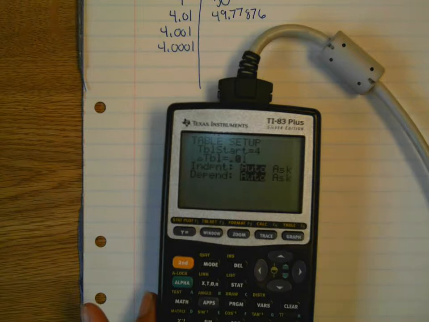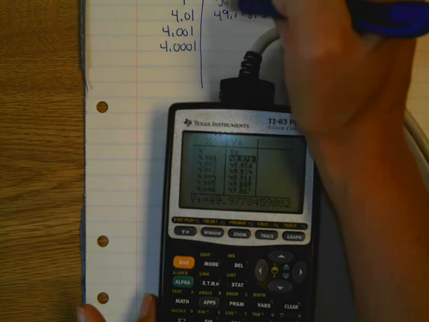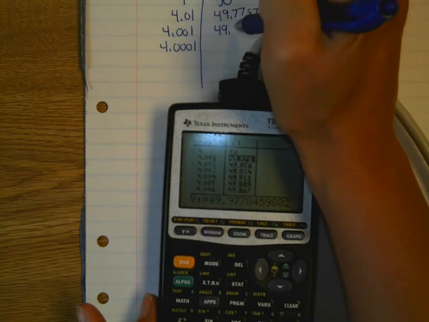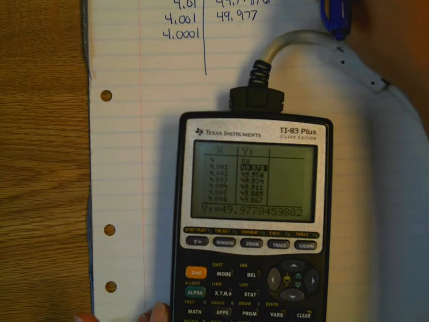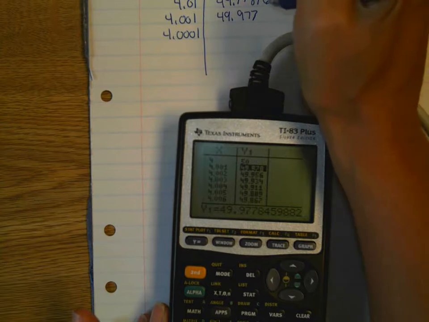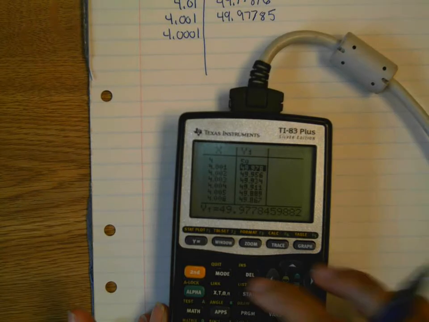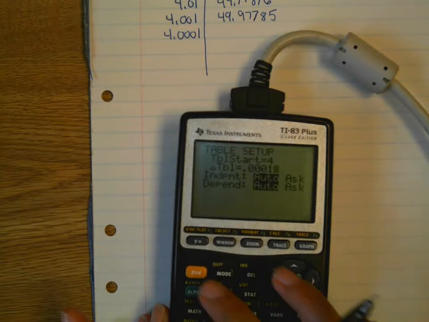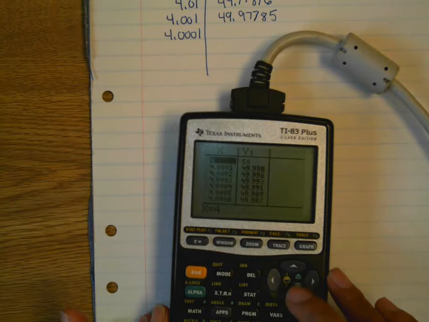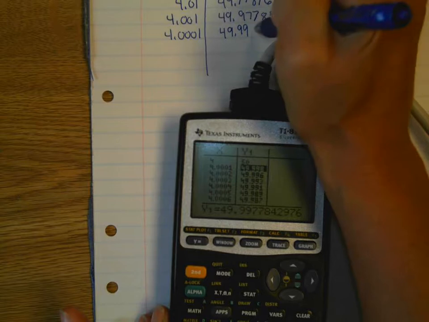I'll change that increment to 0.001. Come down, 49.97785. And then our last one we get by changing to 0.0001: 49.99778.